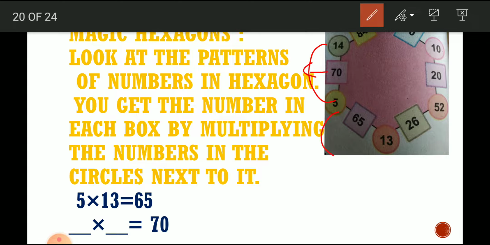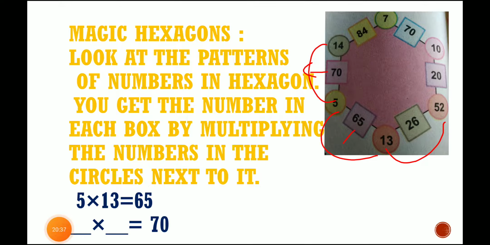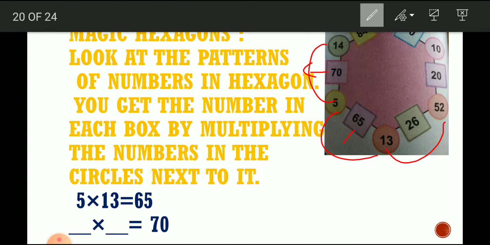Next, 5 into 13, we will get 65. Then 13 into 2, it is not 52, here 2 only. So 13 2s are 26, and 2 10s are 20, and what number is here?